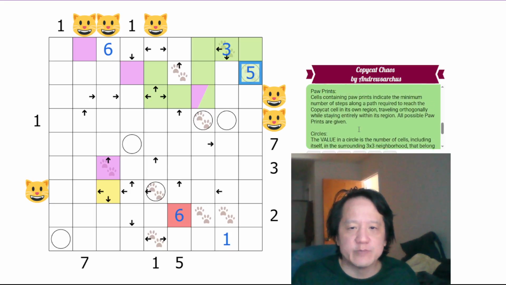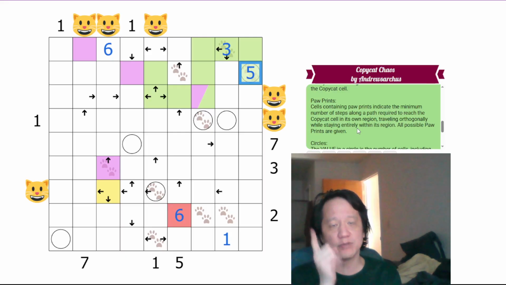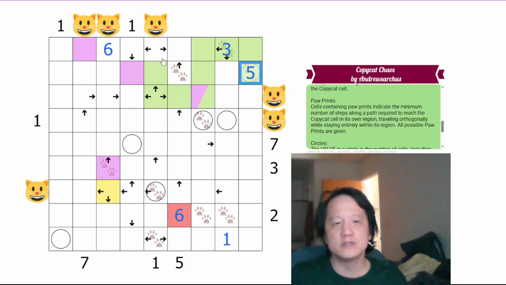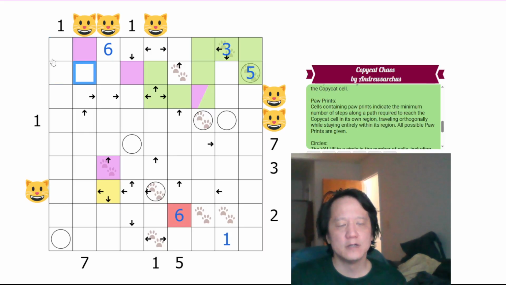And all possible paw prints are given, so there is a negative constraint in place. So that means, say these were the same region, then let's look at this.